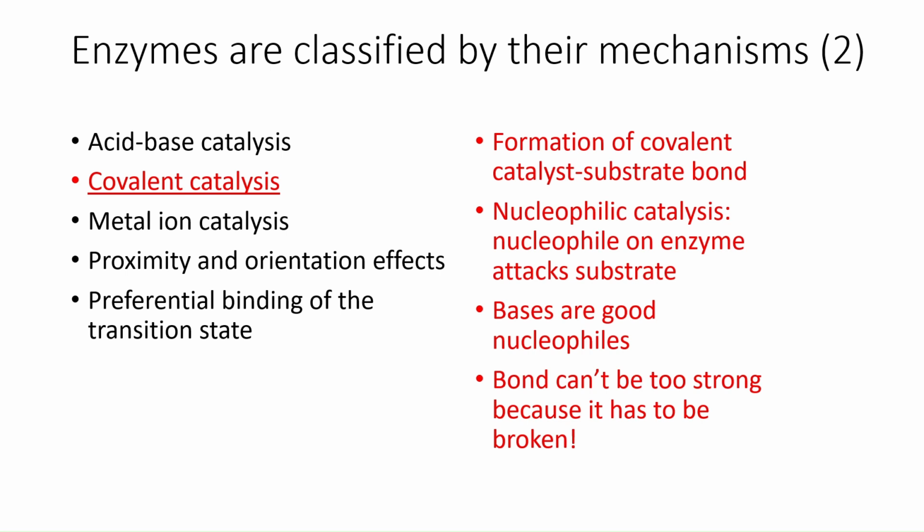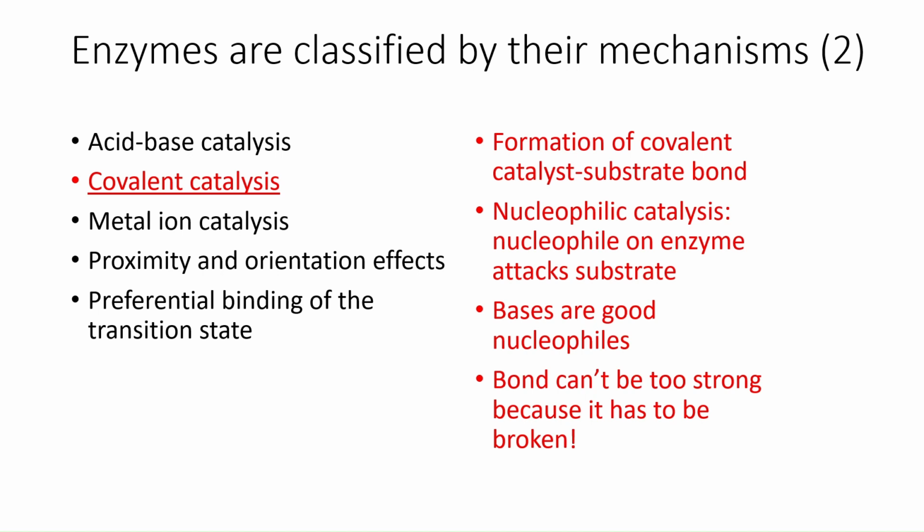And when we think back to our Bronsted-Lowry acid and base definitions, bases can be good nucleophiles. Maybe not because of the Bronsted-Lowry definition, but bases are often able to donate electrons, right? So that's what makes them good nucleophiles.